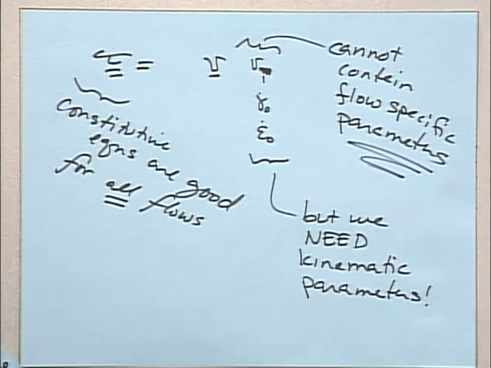Because we see it in shear, and we suspect we'll see it in elongation. So we need some parameter that comes from that kinematic part of the equation. We can't say gamma dot, and we can't say epsilon dot, but we can say some kind of a kinematic parameter that's invariant, for instance, okay?